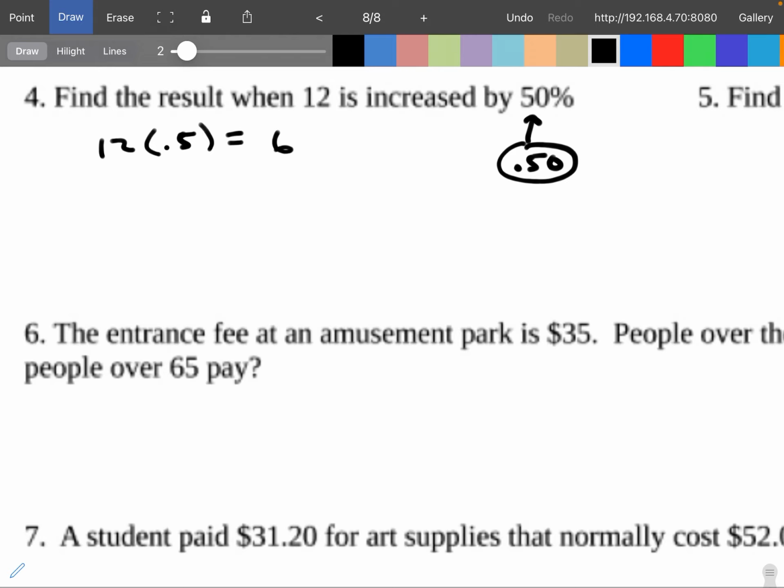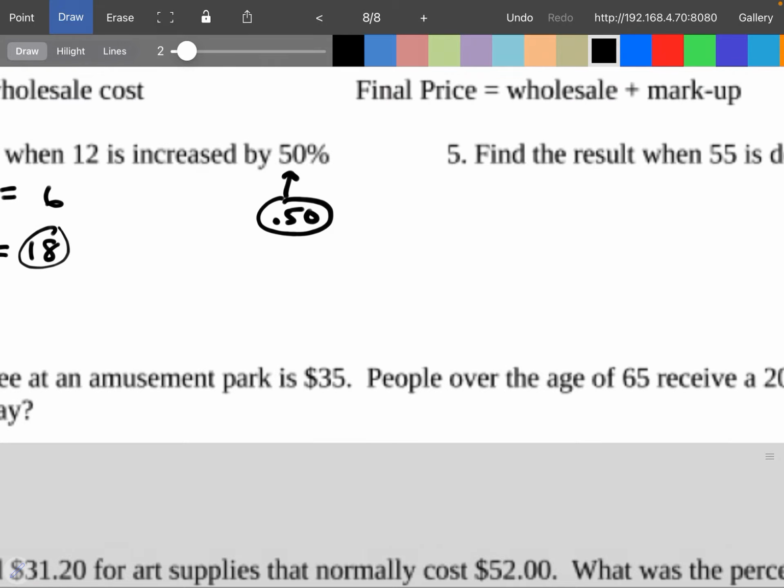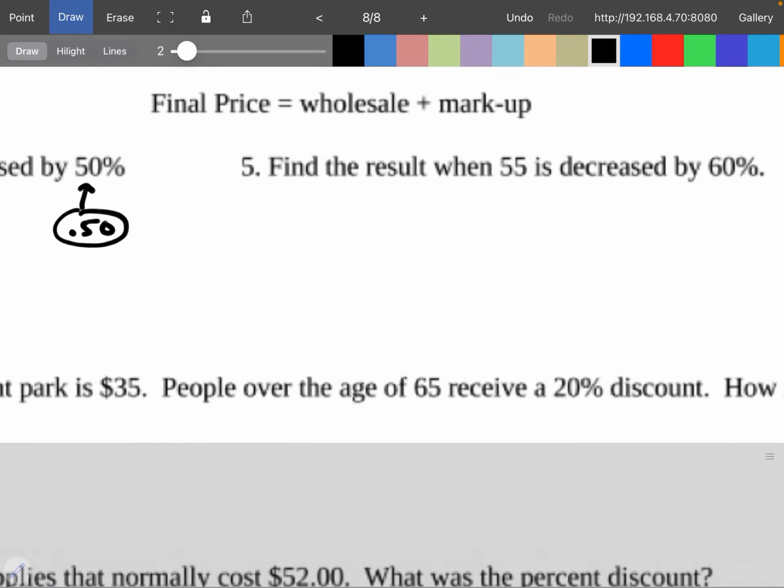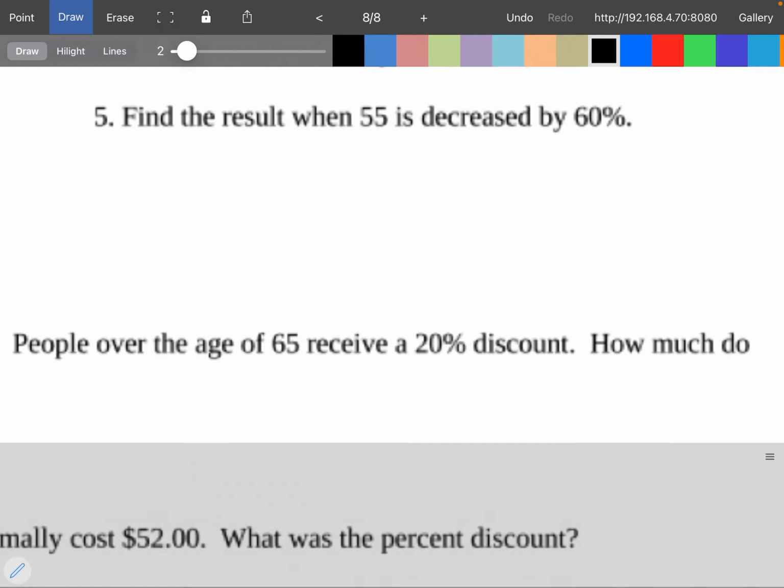So what's 12 times a half? That's 6. So that's 50% of 12. But then we're going to increase 12 by that amount. So we're going to write 12 plus 6 equals 18. So find 50% of 12 and then add that on to 12.